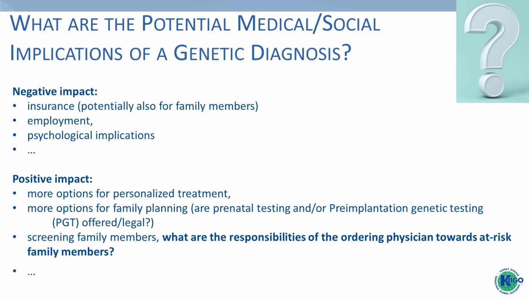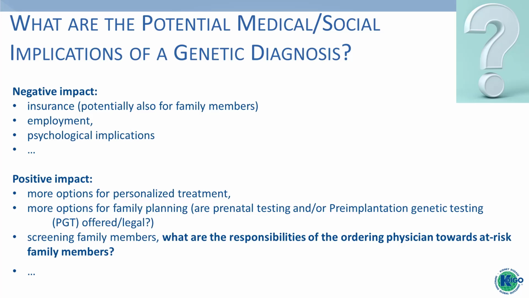There might be a negative impact on insurability, potentially also for family members. There might be a negative impact on employment, or there might be psychological implications with regards to knowing, for instance, the prognosis of a disease you have, or the psychological implications of family history.